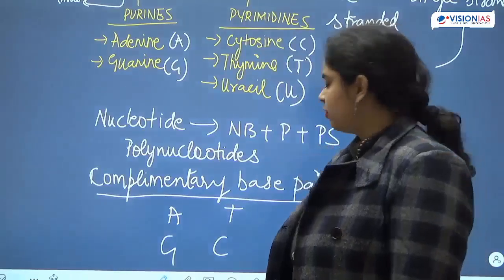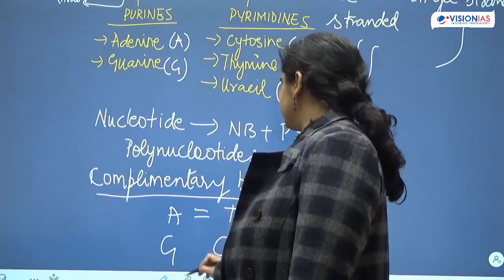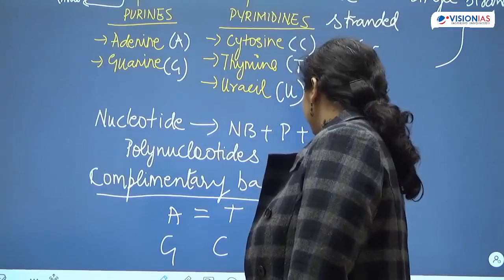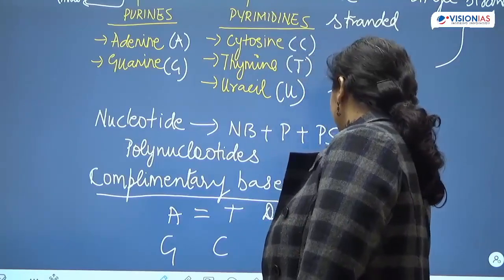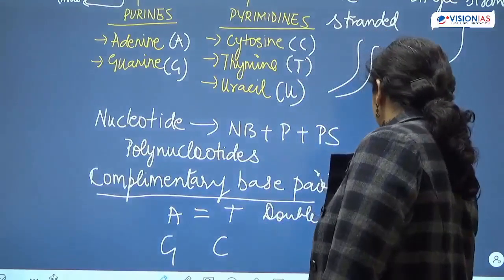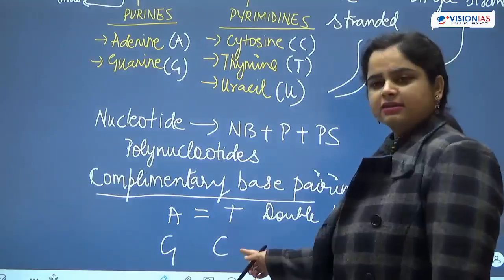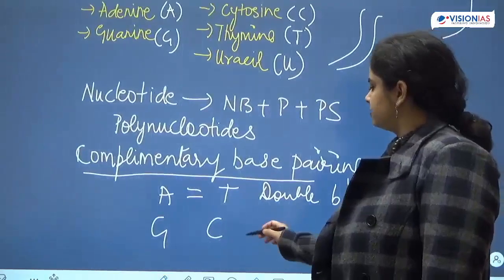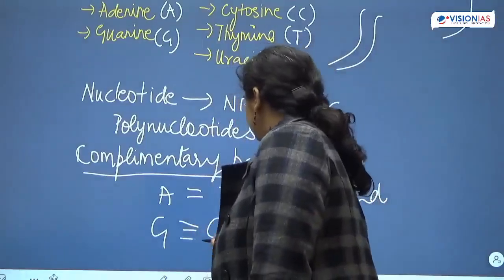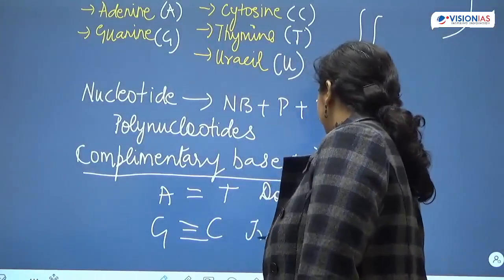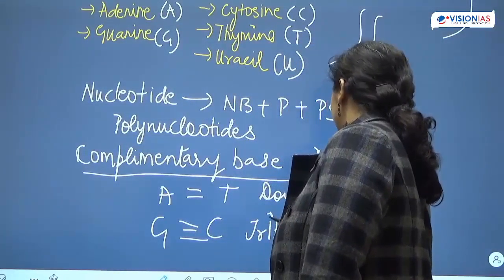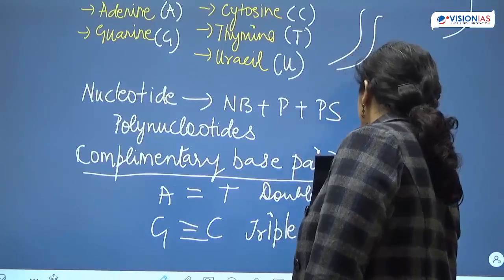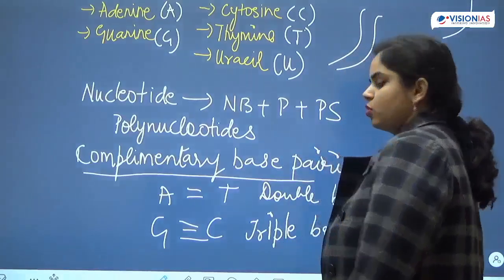The bonds formed here are also fixed: a double bond in case of adenine and thymine, and a triple bond in case of guanine and cytosine.